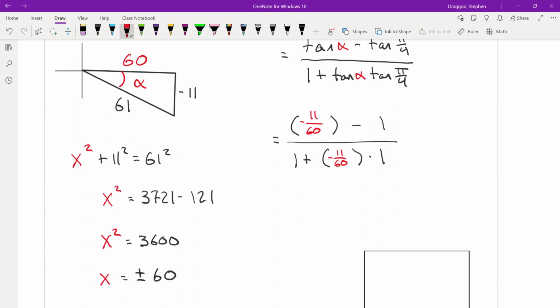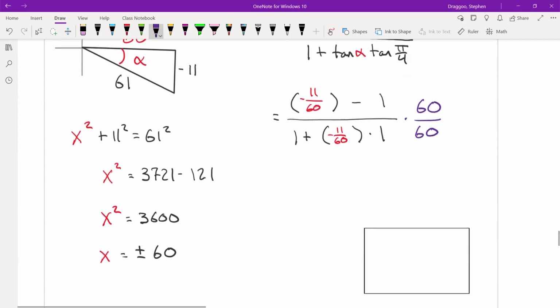So last thing to do is just simplify this answer. Get it to look a little bit nicer. So I have too many denominators. I'd like to get rid of some of them. So I'm going to multiply top and bottom by 60, just to get rid of that extra denominator.